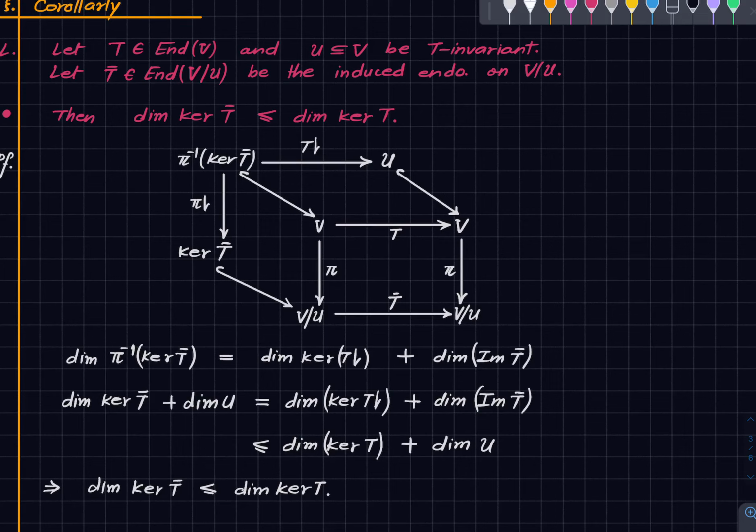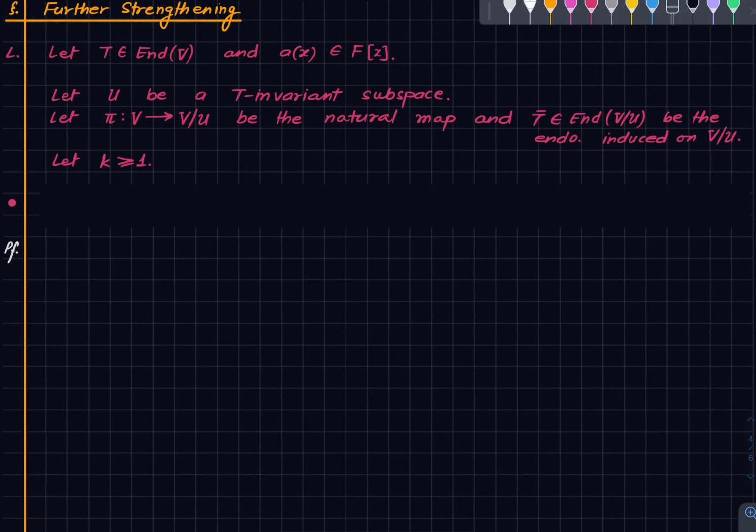Okay, so now finally we can prove, so this is one more step, and after this we can come to our main result. So let T be some endomorphism on a vector space and fix a polynomial over the base field. F is the base field of the vector space. We haven't written that.